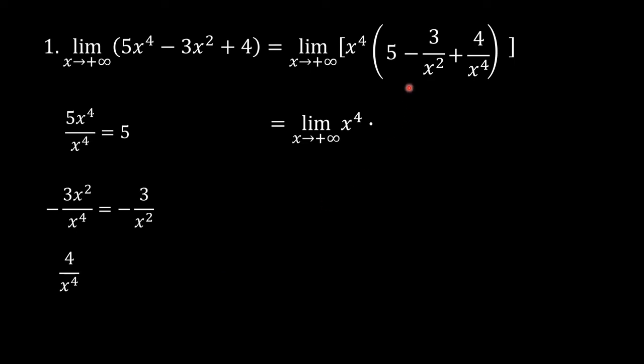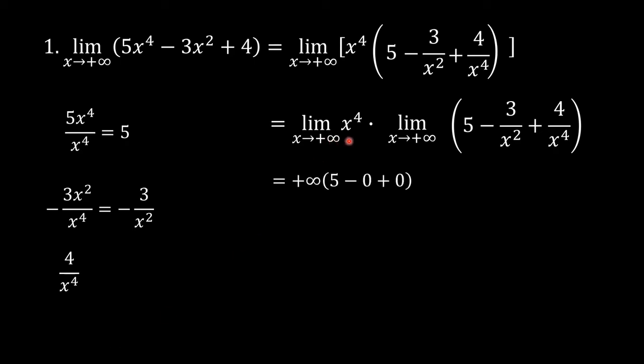And then find the limit of each of the terms inside the parentheses as x approaches positive infinity. So we have now the limit of the quantity 5 minus 3 over x squared plus 4 over x raised to the exponent of 4 as x approaches positive infinity.